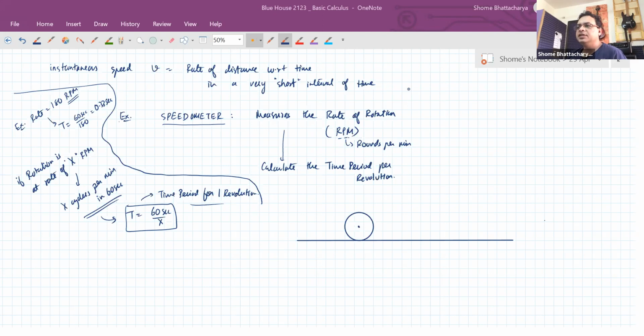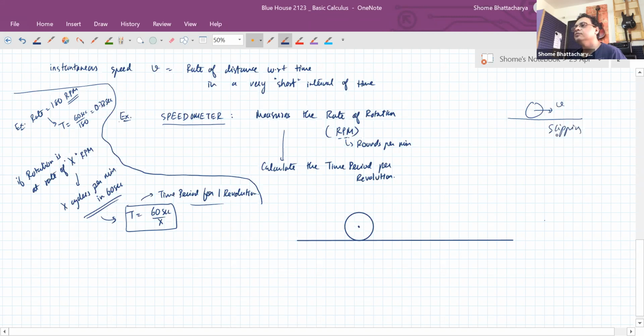Or if we jam the brakes very hard, then it might stop rotating, but still it might skid on the surface. That means it's only translating. So if the wheel is only translating but not rotating, that's an example of slipping. Or if it is rotating but not translating, so it's in one place going round and round, again it is slipping at the surface.